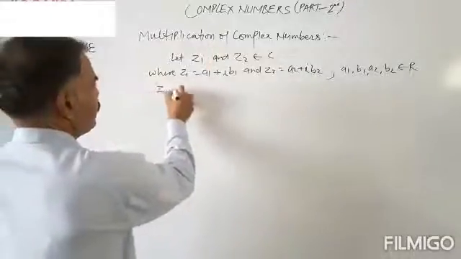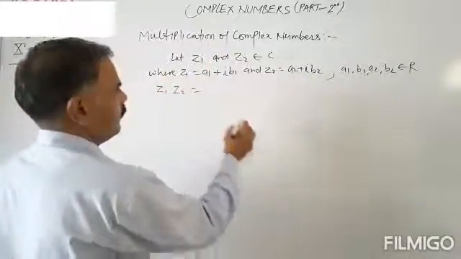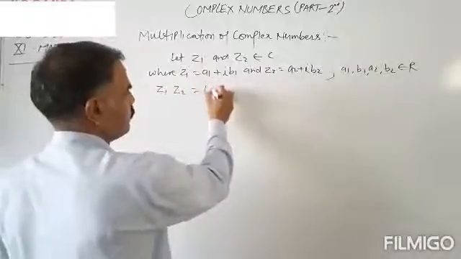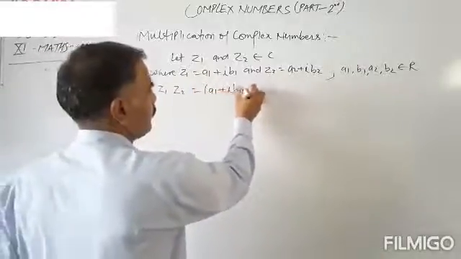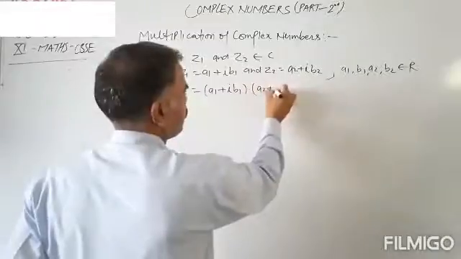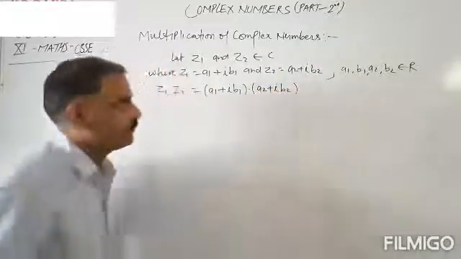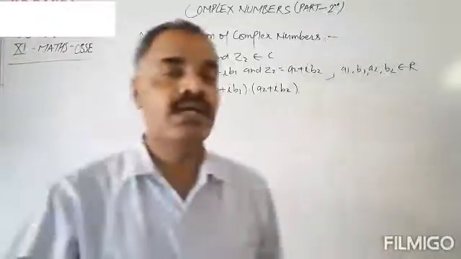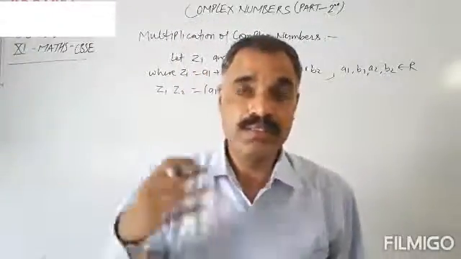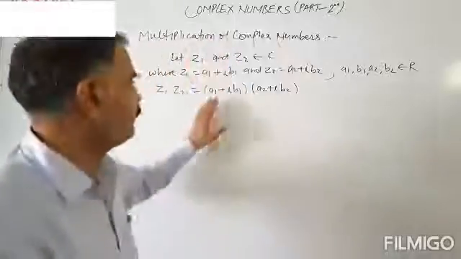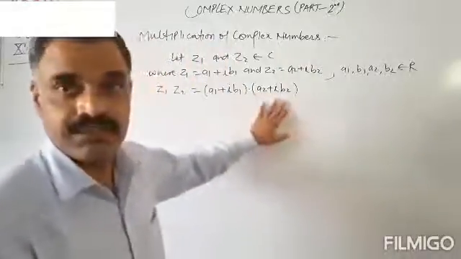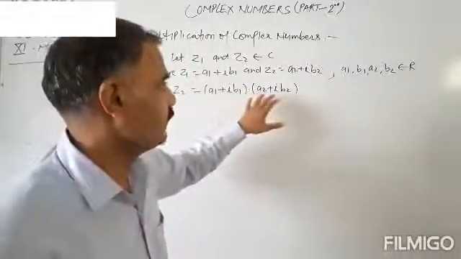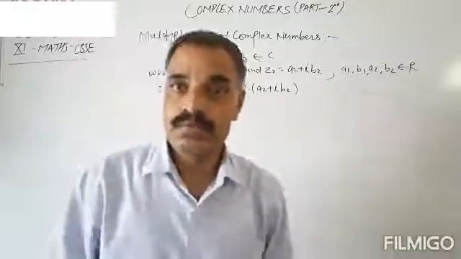Means Z1 multiplied by Z2, that is A1 plus iota B1 multiplied by A2 plus iota B2. When we multiply, multiplication will be done in a simple, general way. A1 will multiply both of the terms. After that, iota B1 will multiply both of the terms of the second bracket.